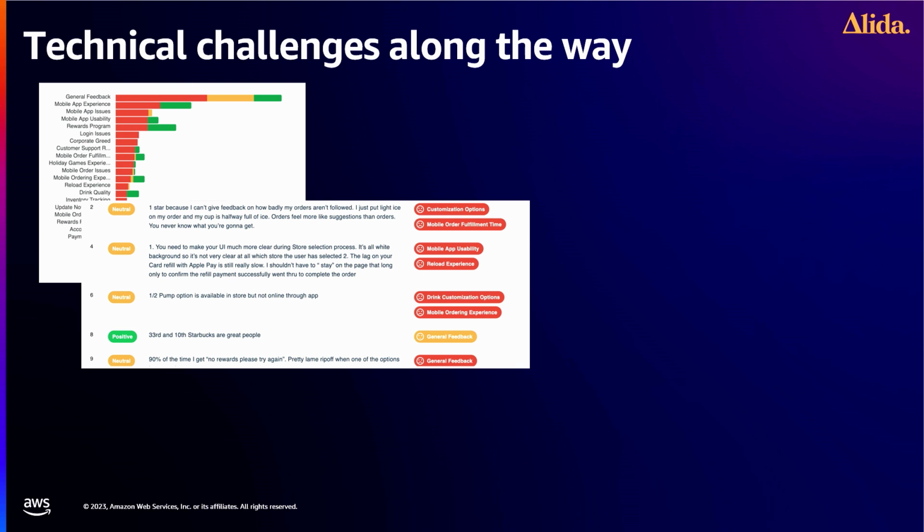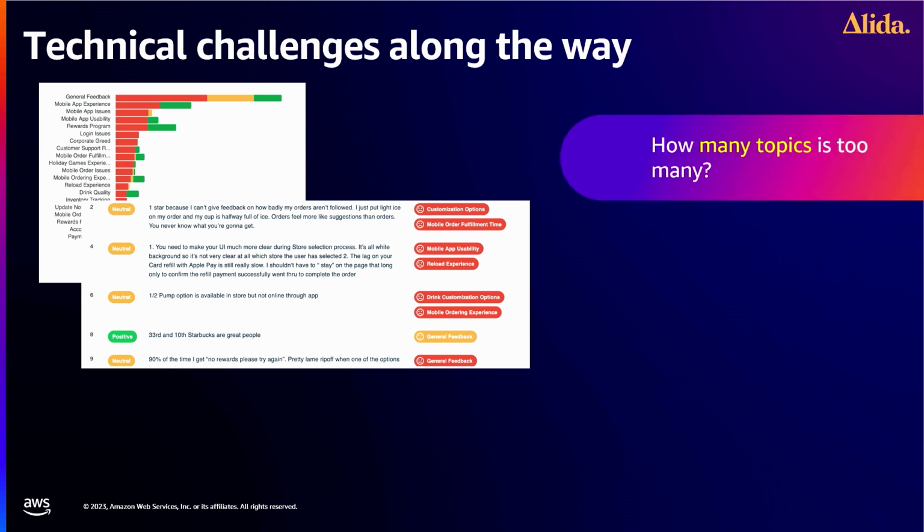So what are some of the challenges that we faced? To begin with, how do we narrow down the list of topics when you're dealing with a model like this?